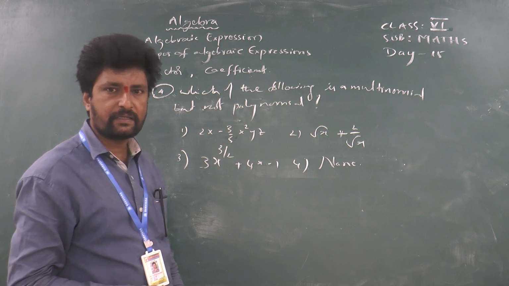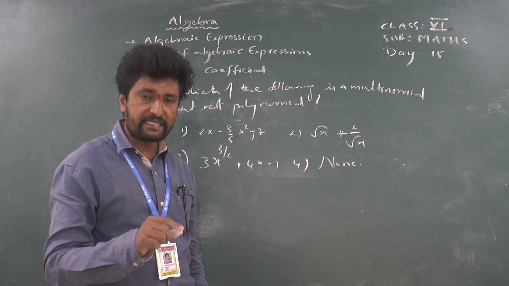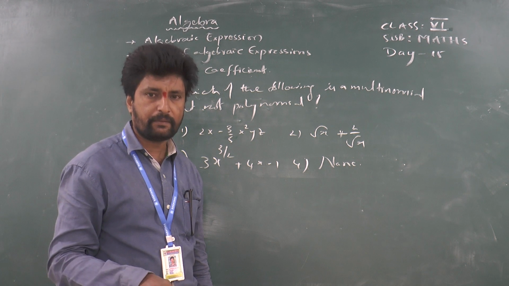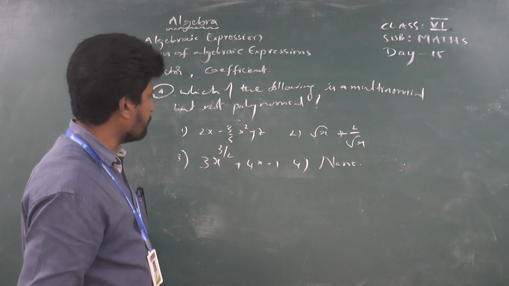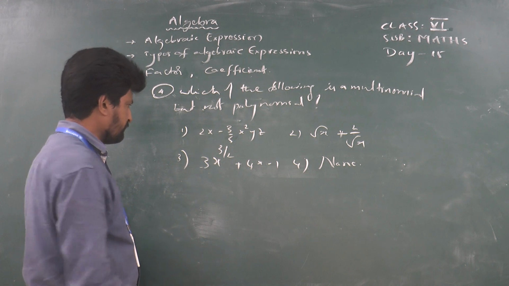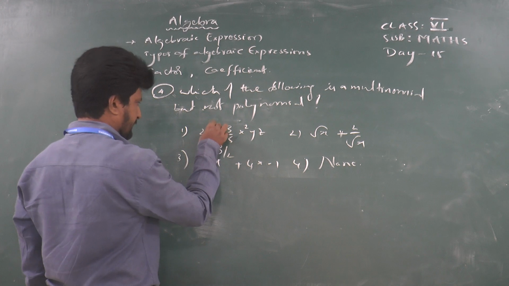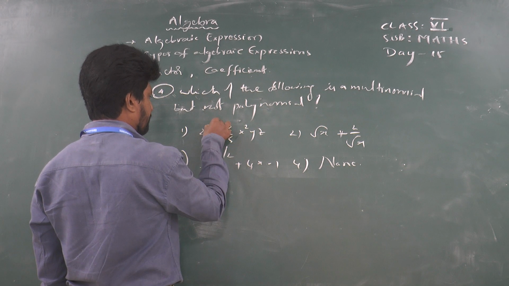Polynomial is nothing but an expression in which the indices of all the variables should be positive integers, that means natural numbers. Then only we call that a polynomial. Otherwise that is multinomial but not polynomial. If you see this one, what is the index? X is the variable in this term, x power 1.